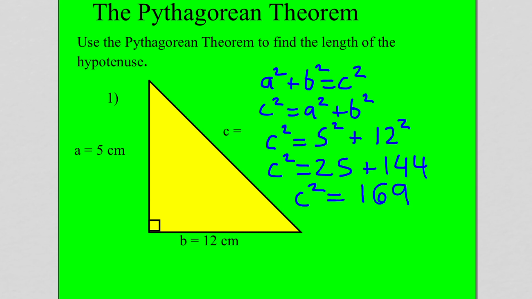But we're not interested in the value of c squared, we're interested in the value of c. So what we have to do is take the square root of both sides. And then c is equal to 13, and in this case we're talking about 13 centimeters.